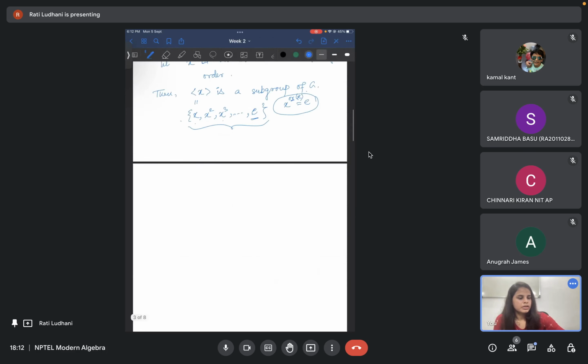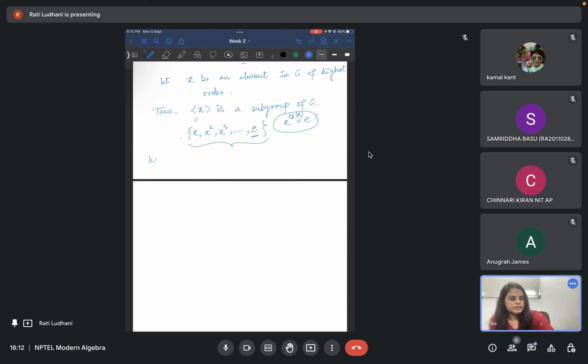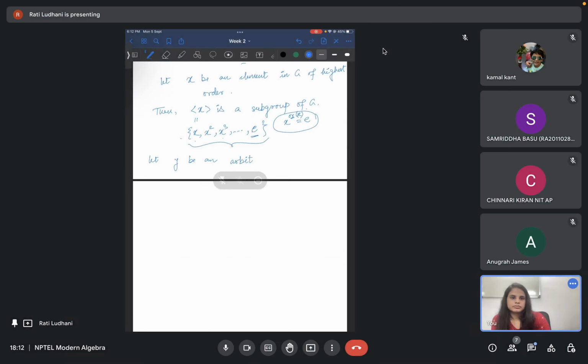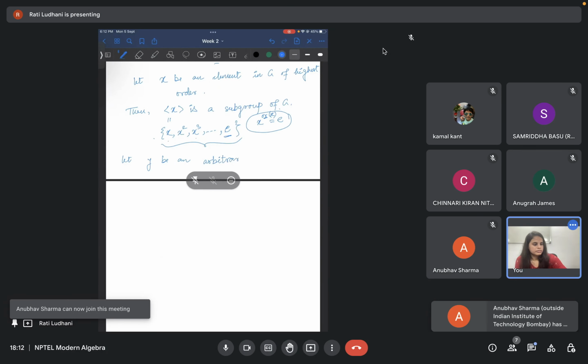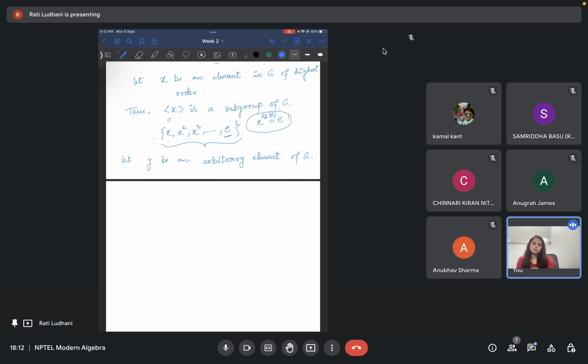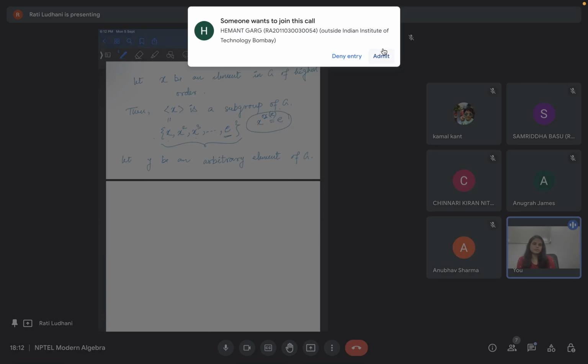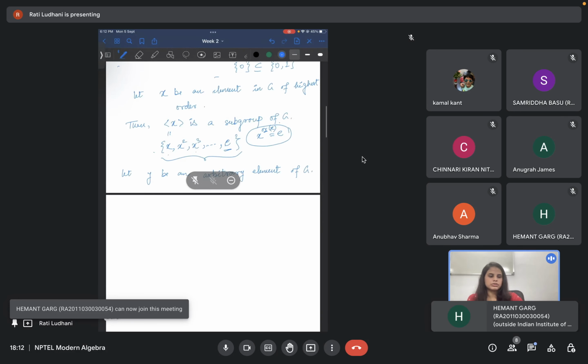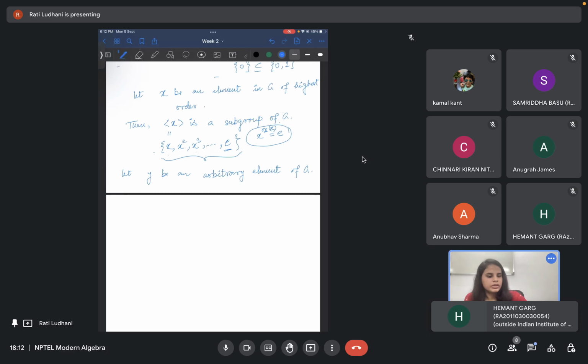Now let y be an arbitrary element. I have taken y to be any element of G. It need not be of highest order, just any element y.